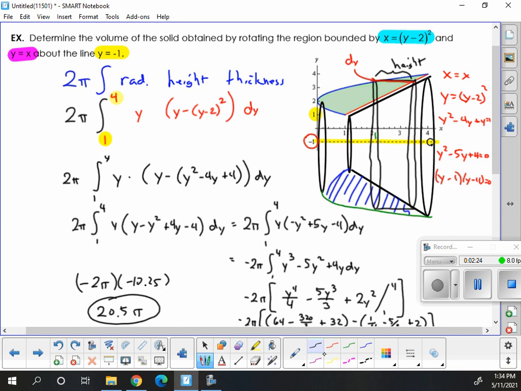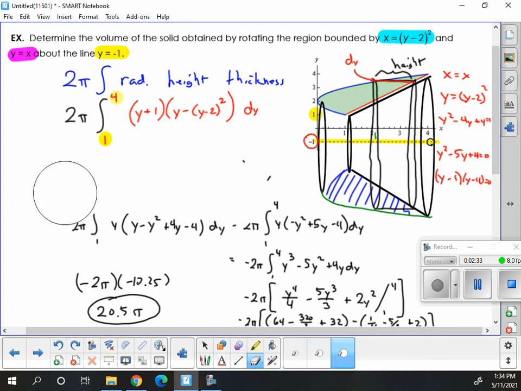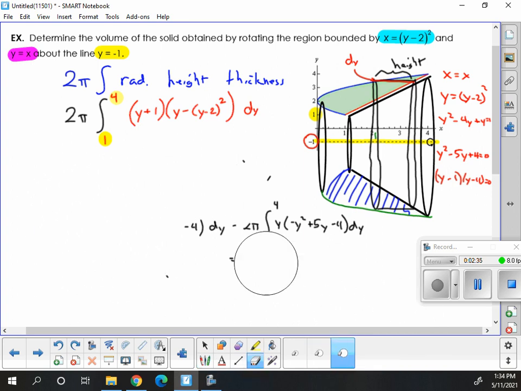So we would have y plus 1 as our radius. I just realized I'd done everything wrong, so it's okay. Okay, so y plus 1 would be our radius.